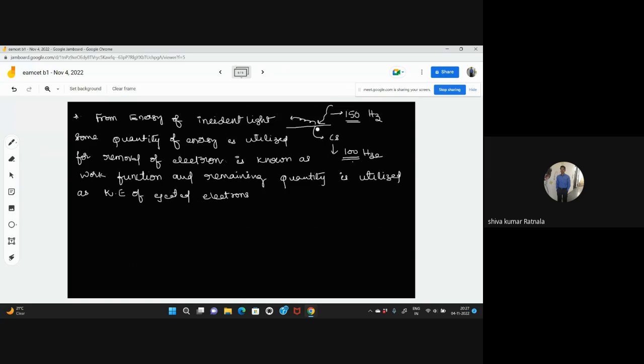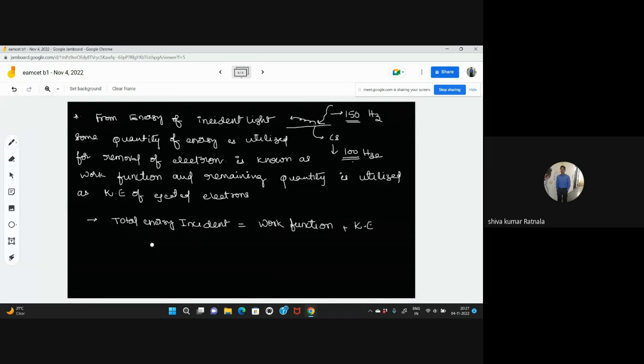That means on the metal surface, some quantity of energy is used to remove the electron, and some quantity is used for the kinetic energy of the electron. So the total incident energy is equal to work function plus kinetic energy of the ejected electron.